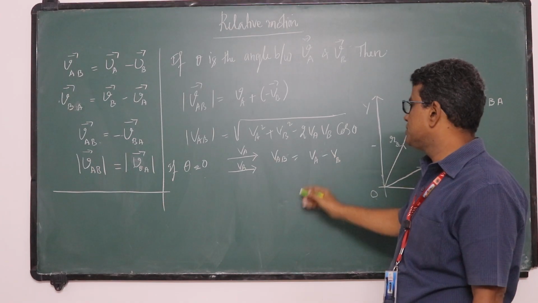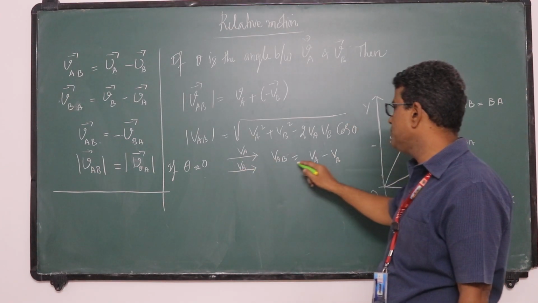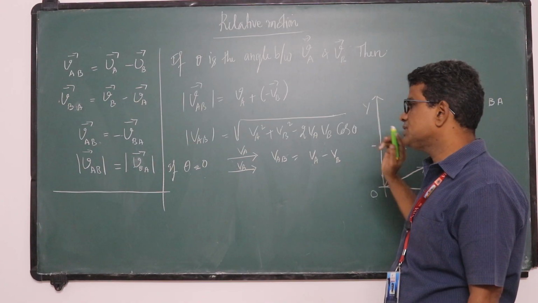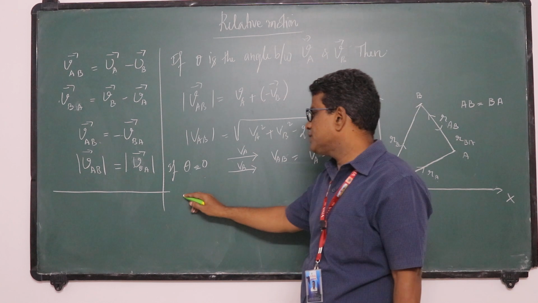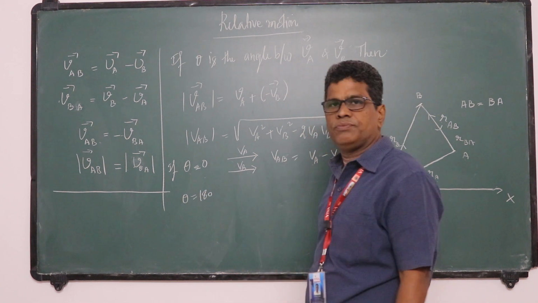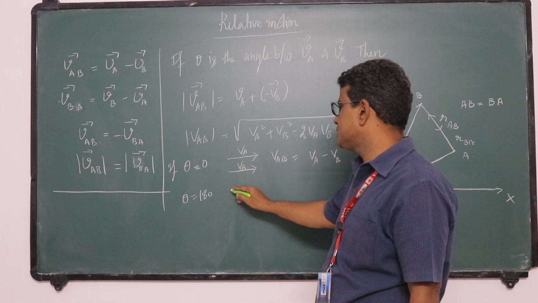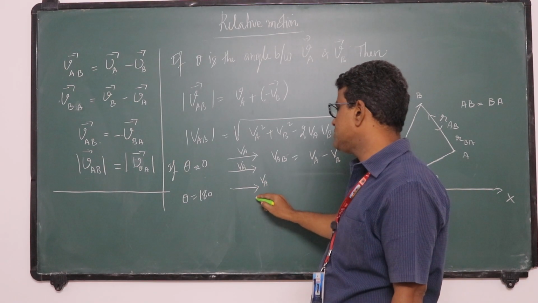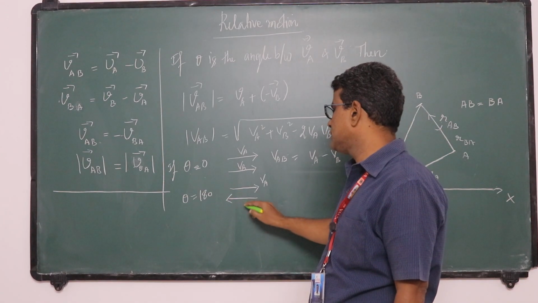So the velocity of A with respect to B, when they are moving in the same direction, is VA minus VB. Suppose they are moving in opposite directions, the first train moving like this and the second train moving like this.